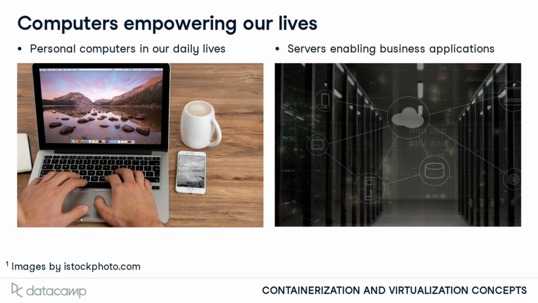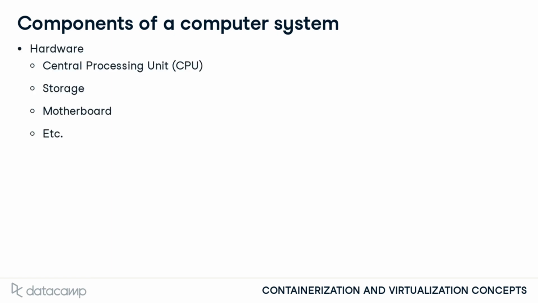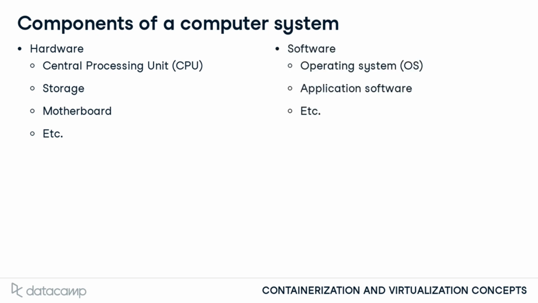Servers are specialized computers that serve other computers, also called clients, on a network, performing tasks such as hosting websites or running data analytics. Just to refresh our memories, a computer system consists of hardware, such as the central processing unit, storage, motherboard, and software, such as the operating system and application software.